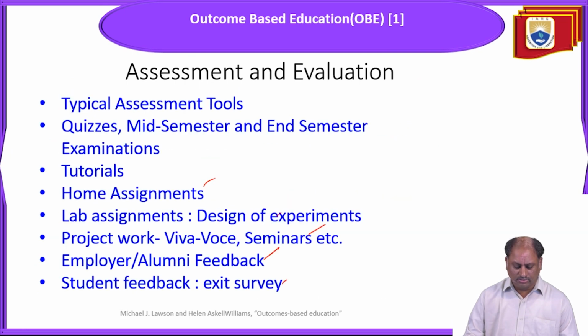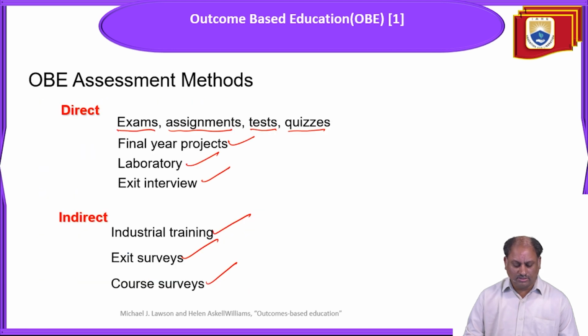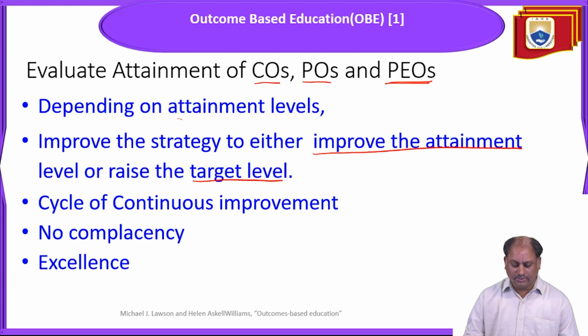Here the course is to be designed with particular technologies and all the assessment tools, quizzes, considered as both direct and indirect, and based on the target level. Here we have seen 1.8, so you can raise this level to 2.8, 3, 3.2, something like that.